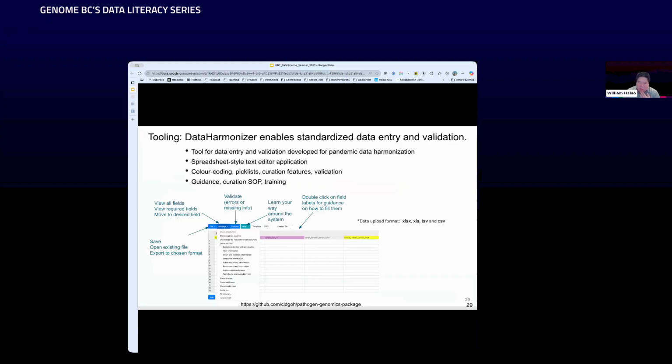So in order to get the users to input their data and check if it's compatible with the data specification, we also developed a tool called the Data Harmonizer that enables standardized data entry and validation. As you can see here, there are different settings you can choose, but you can also open an existing file or cut and paste an existing set of values into the table.